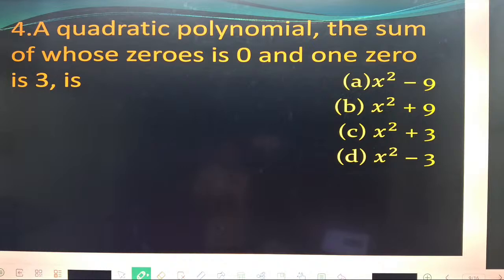Whose sum is 0? The major concept: if the sum of zeros is 0, the linear term is equal to 0, and in every option the linear term is not given.